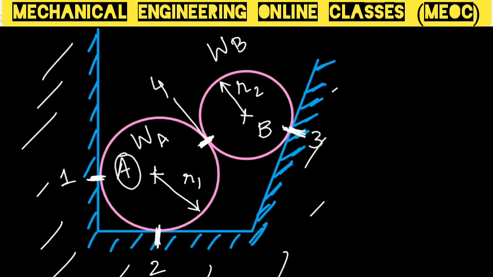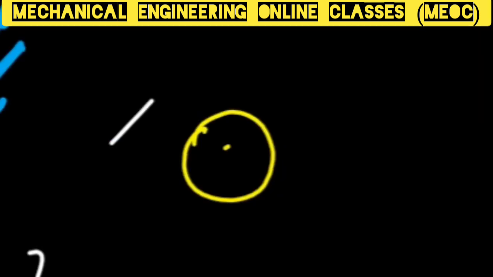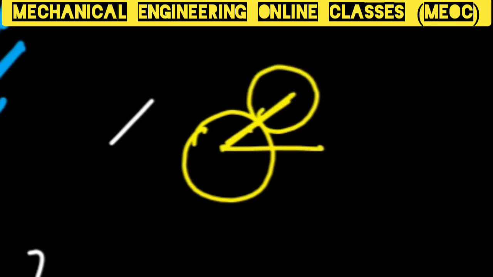This cylinder A I can randomly draw like this, but where is cylinder B coming? Drawing cylinder B here will be different from drawing it somewhere here or somewhere here, because cylinder B is in touch with the wall somewhere at point 3, and not just that, they are in touch at a particular angle with respect to horizontal.